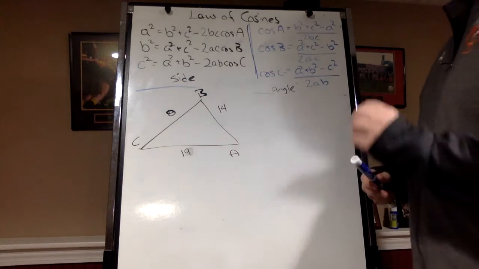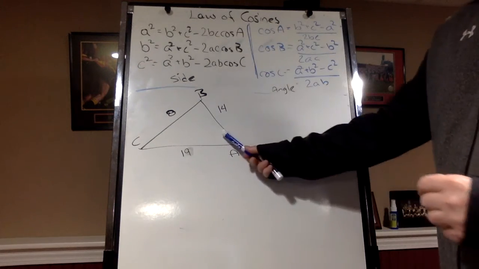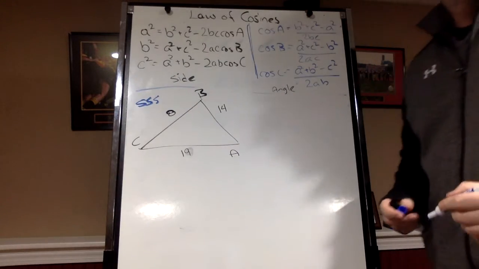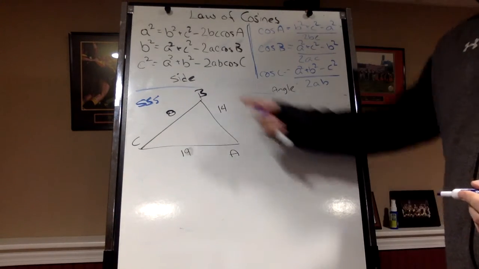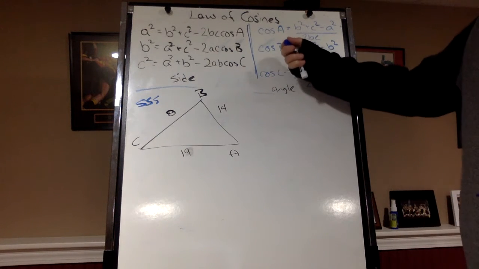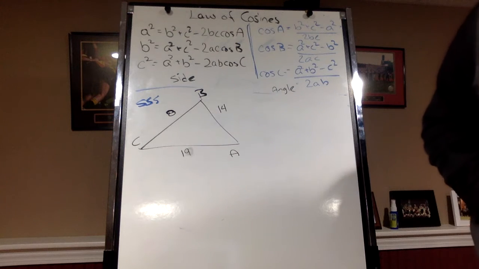Okay, in this first situation, we do not have an angle on its opposite side. We have a side. So, let's use the right side here to find an angle.